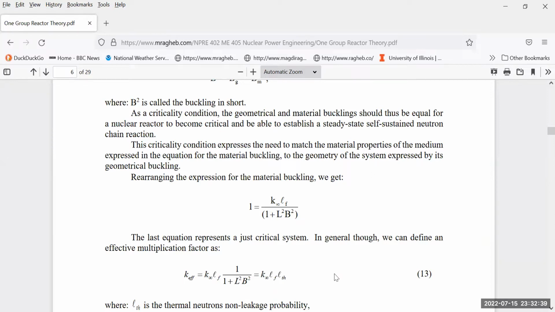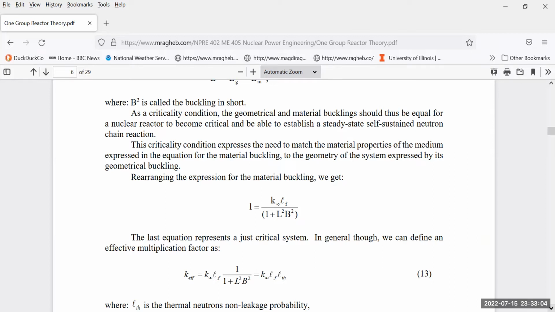And in that case, we are going to rewrite that equation: the effective multiplication factor in general is equal to the infinite medium multiplication factor multiplied by L sub F, the fast non-leakage probability, multiplied by 1 divided by 1 plus L squared B squared, which we can designate as a thermal non-leakage probability.